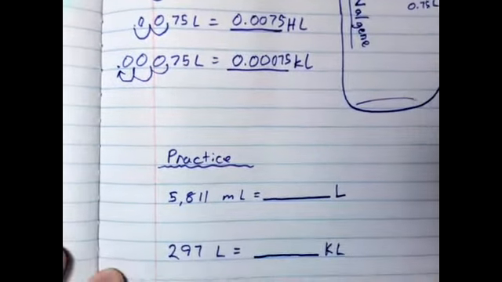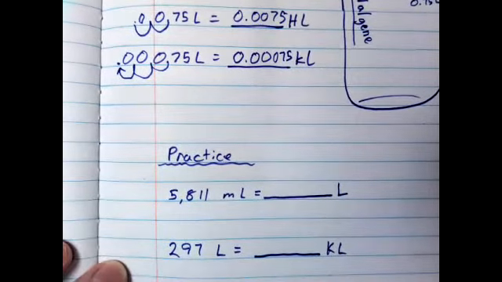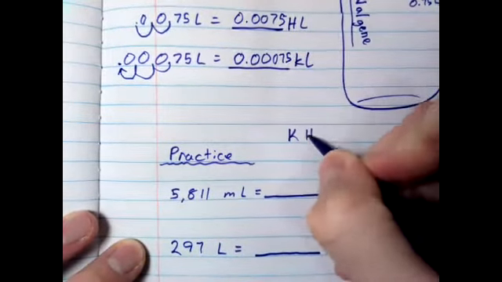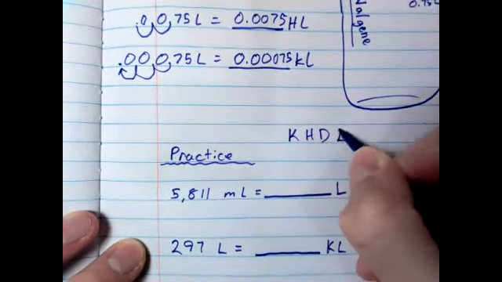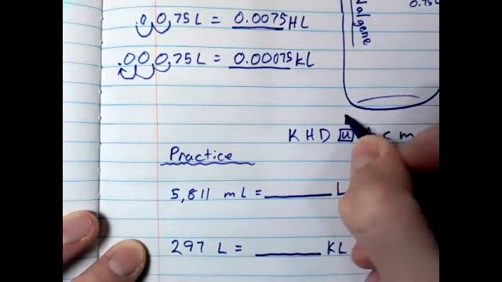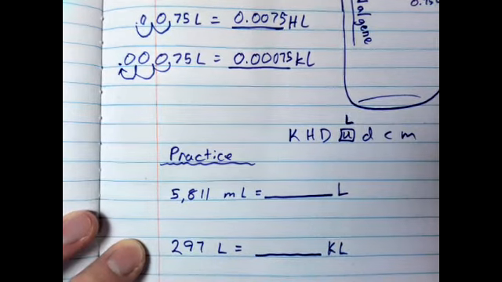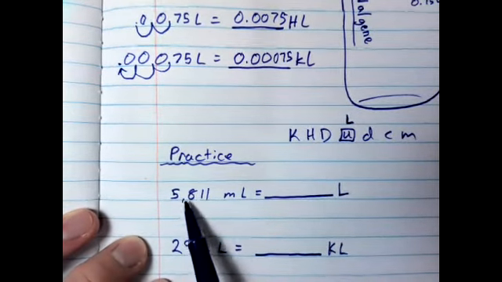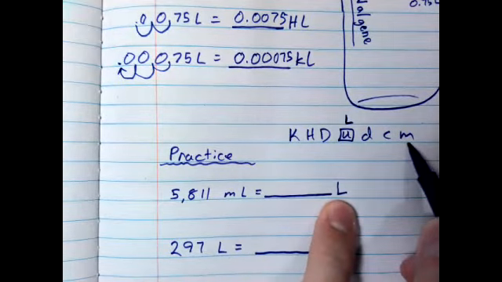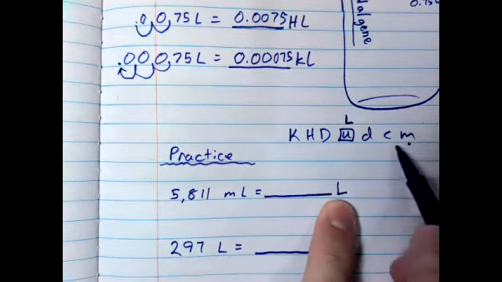And anytime I do a practice, I'm going to want to make sure that I have my mnemonic device. And my unit of measure this time is liter. So 5,811 milliliters to liters. So my decimal is going to move to the left.